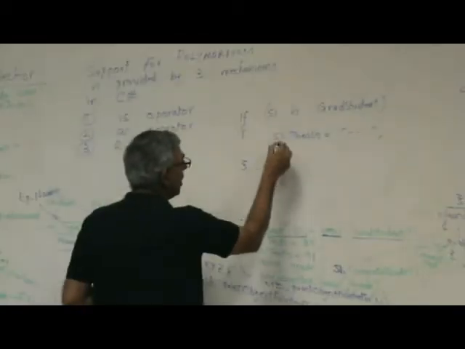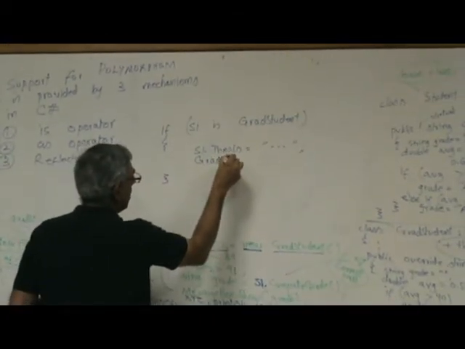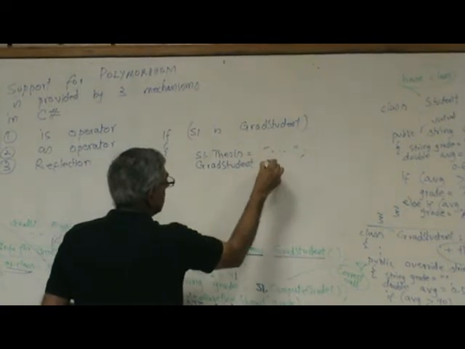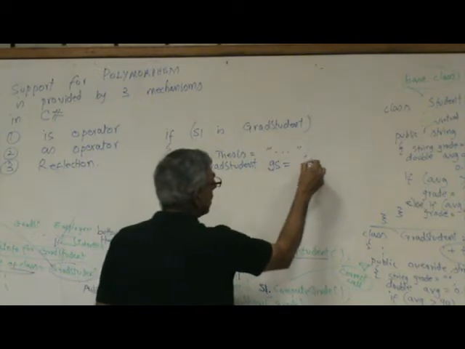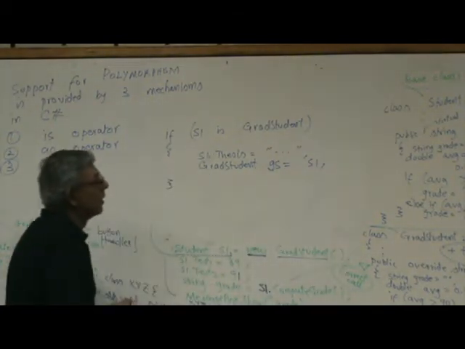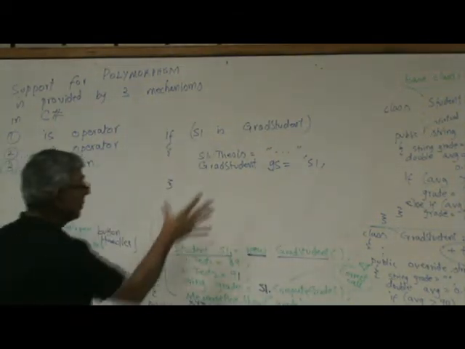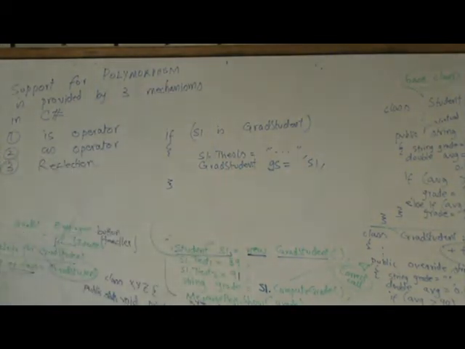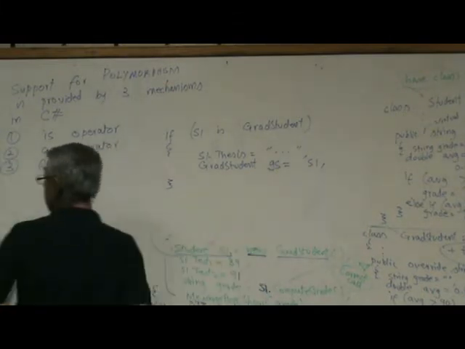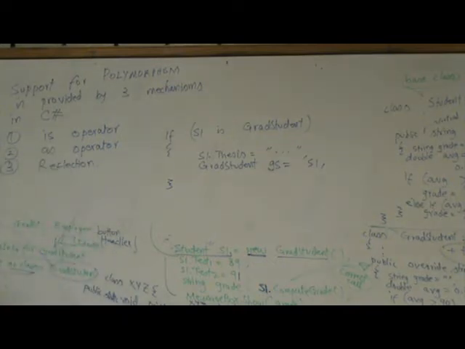Okay, so grad student GS equal to S1, okay? So if you just take a look at this part, grad student GS will create this reference, okay? And then equal to S1, so wherever S1 is pointing to, GS will also be pointing to.